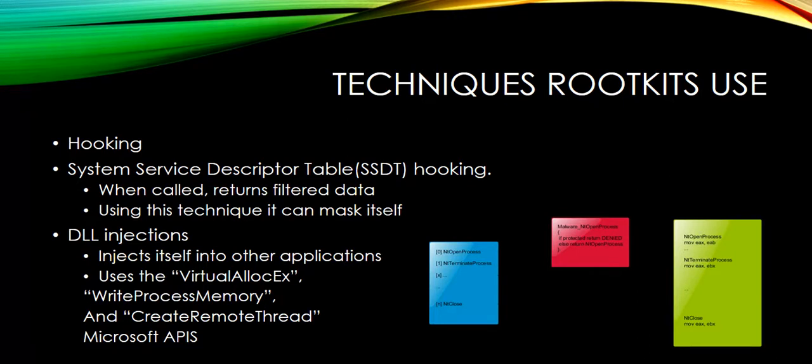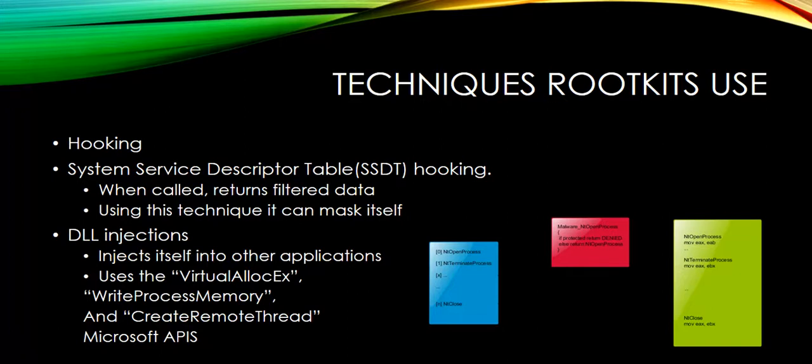DLL injections are used by user-level rootkits. It means that legitimate information requested by the user gets intercepted by the rootkit, and then it will return malicious information. The DLL will first allocate space for the call by using VirtualAllocEx from the Microsoft API, and then it will write to the process memory location of the running process.